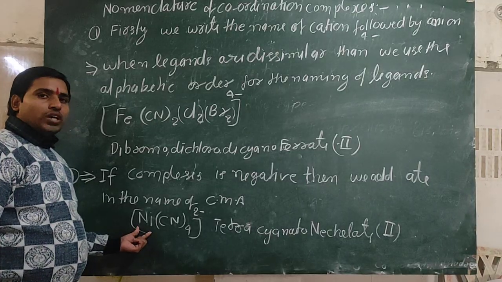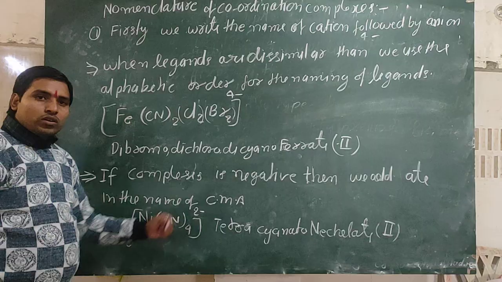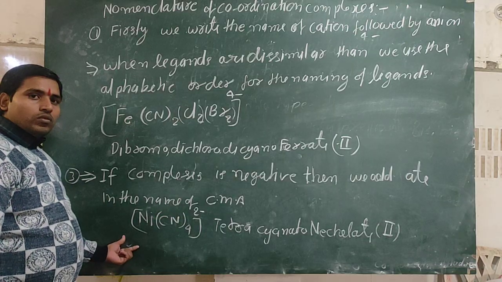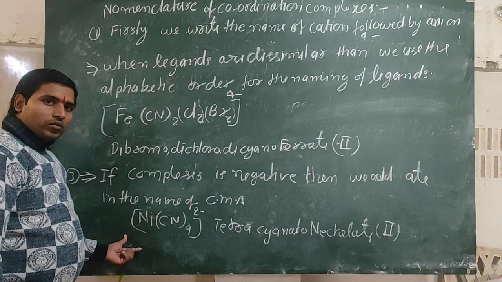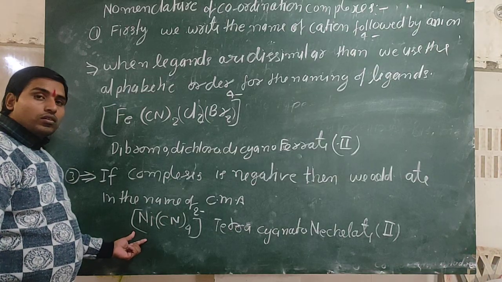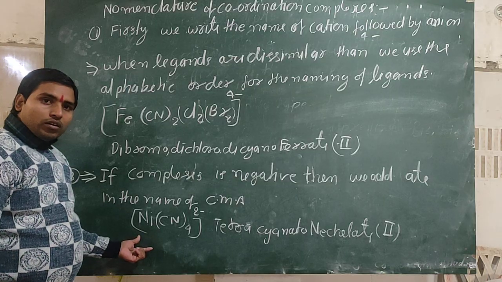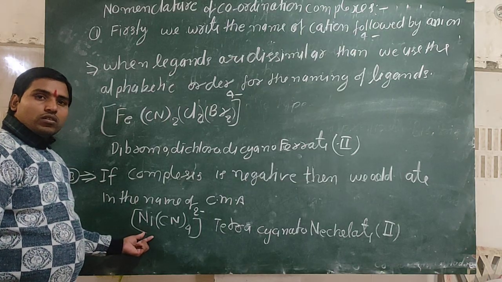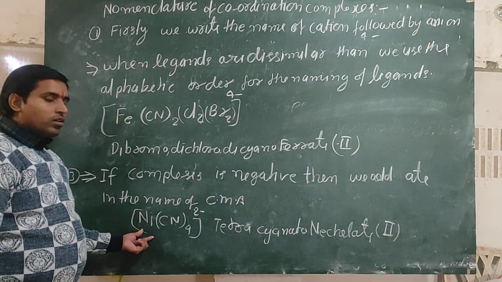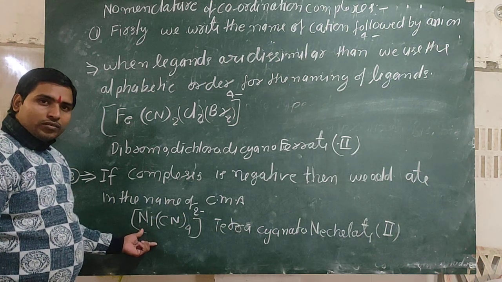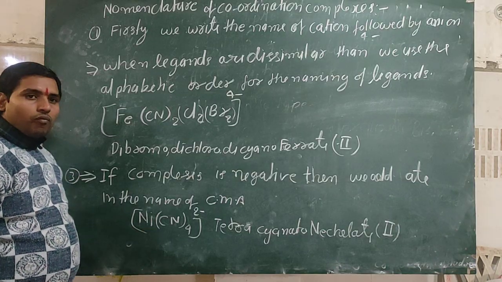And you also change the names of other metals, like cobalt becomes cobaltate, iron becomes ferrate, and aurum becomes aurate, silver becomes argentate, and plumbate, etc. are used.